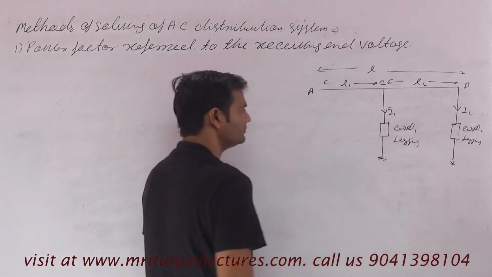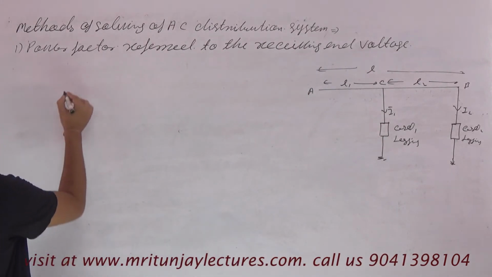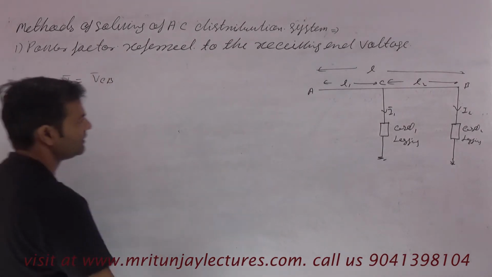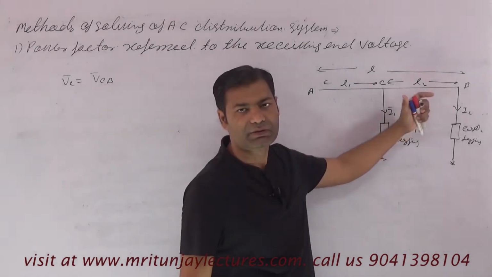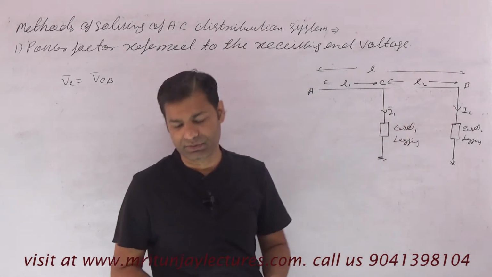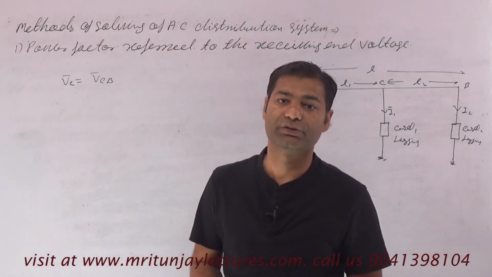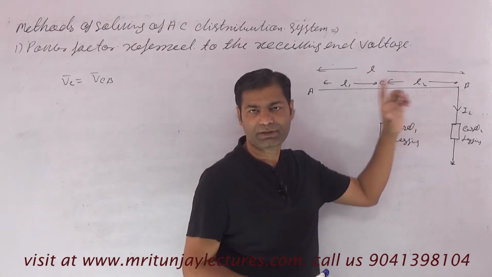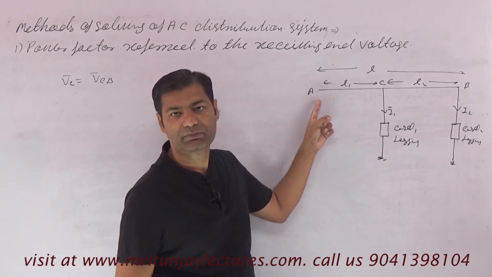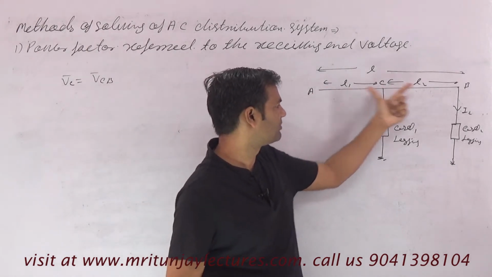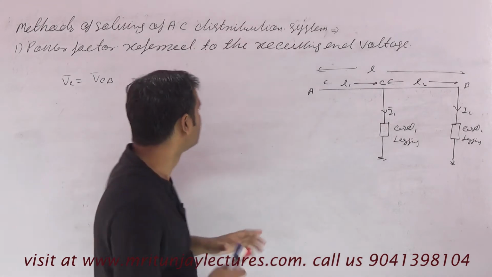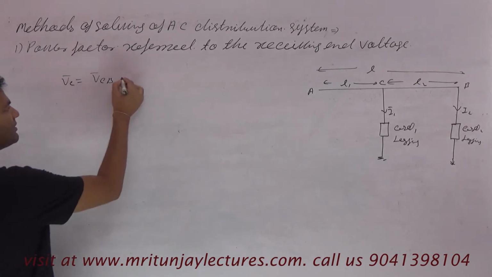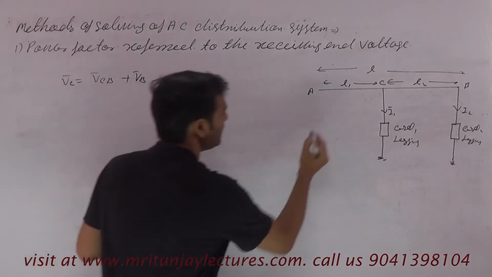Clear? Now what about VC? VC is equal to VCB. This one is the voltage drop across the distributor. Sometimes only the voltage across the distributor is asked, then it is this voltage drop and this voltage drop. If asked corresponding to sending end voltage, then the sending end voltage is this one plus this one plus this one. Okay, so our motto is to determine VC equal to VCB plus VB. And what about current?